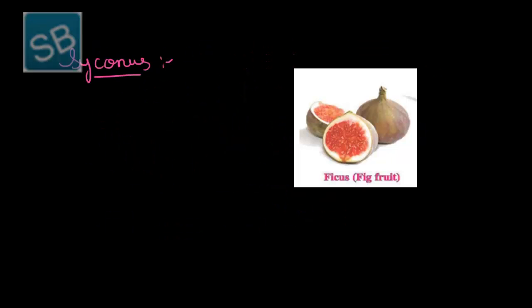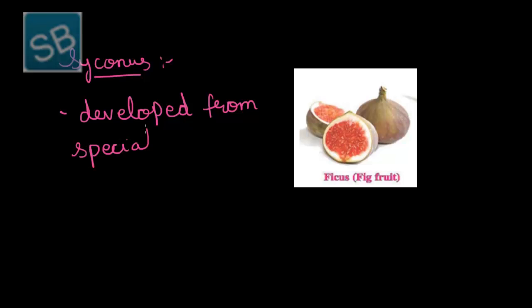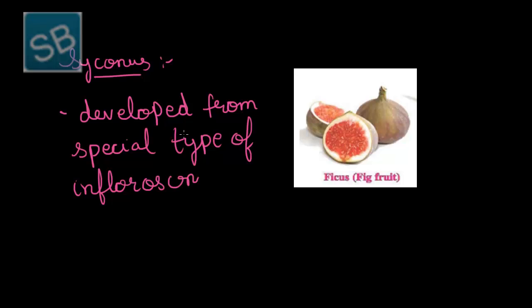Now the second type of composite fruit is syconus. The best example of syconus is the fig fruit or ficus. This type of fruit is developed from a special type of inflorescence which is called hypanthodium.